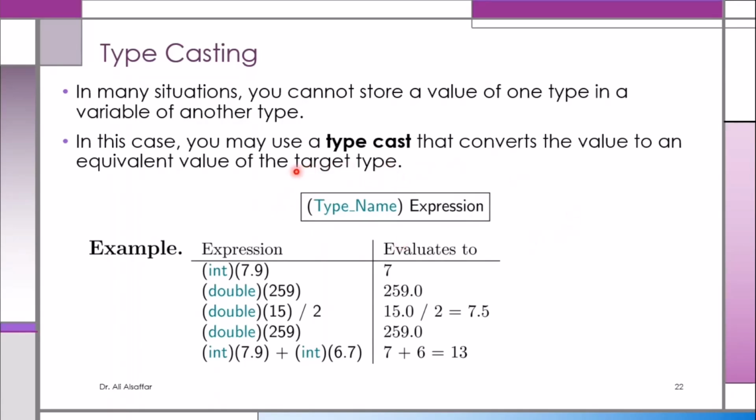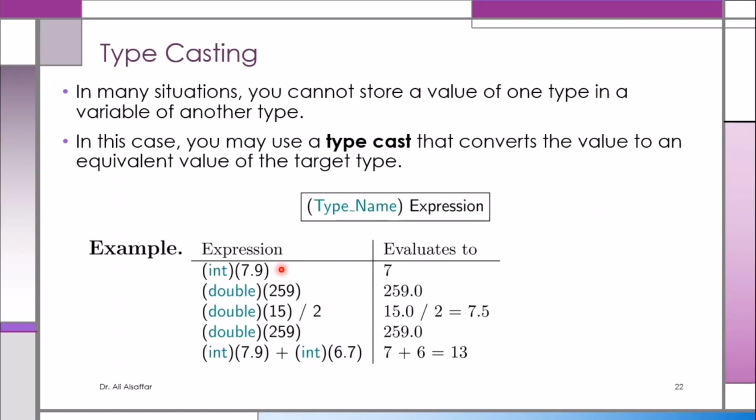This is the syntax. In front of the variable you want to convert, you put between round parentheses the type of the target variable. So if you want to convert a variable that is double into integer, you write int between brackets in front of the variable. Here are some examples. 7.9 is double, but if you write int in front of it between round brackets, you are telling Java to convert it.